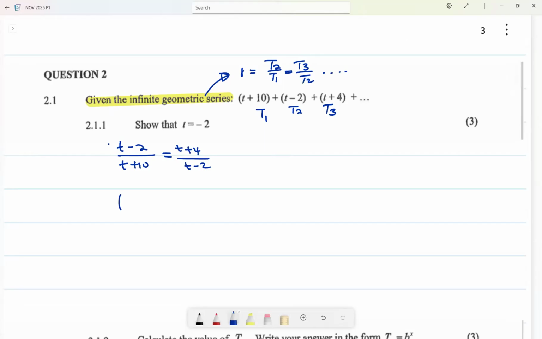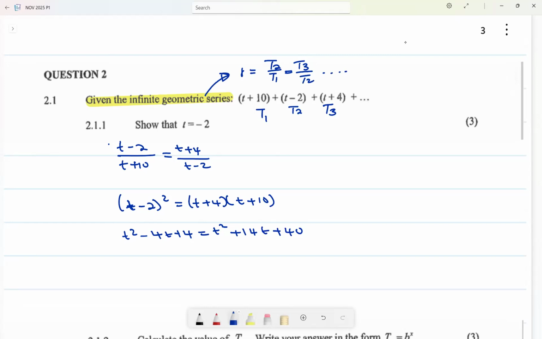Then on cross multiplying, we have (t - 2) squared equal to (t + 4)(t + 10). So t squared - 4t + 4 is equal to t squared + 14t + 40.